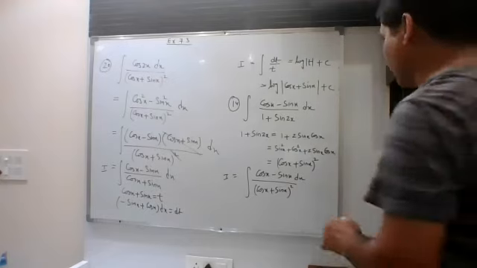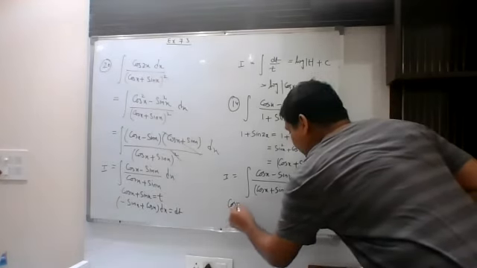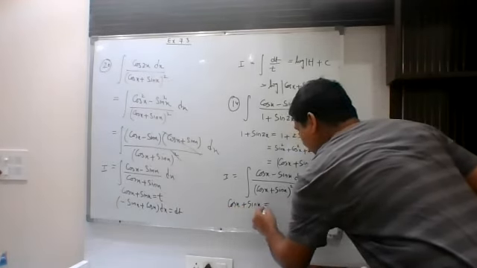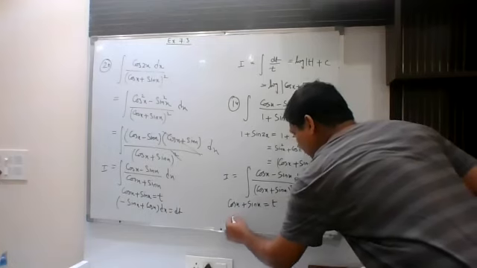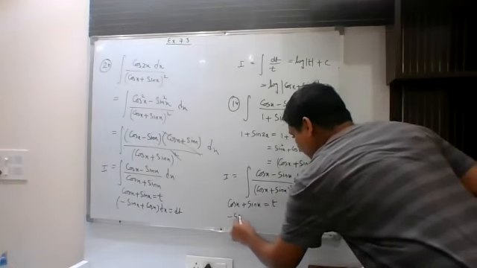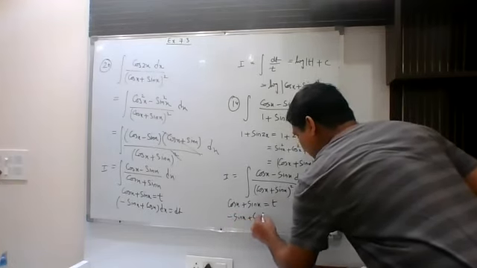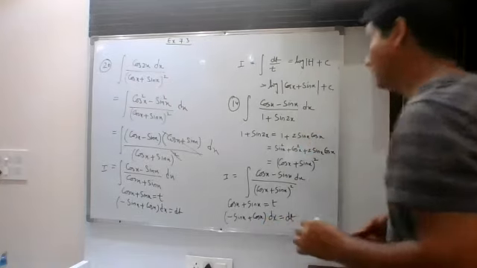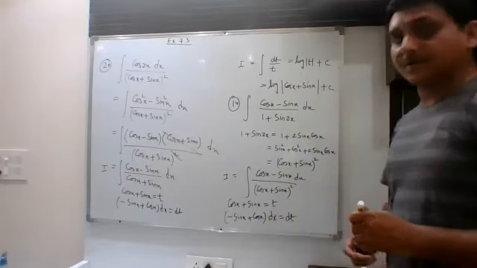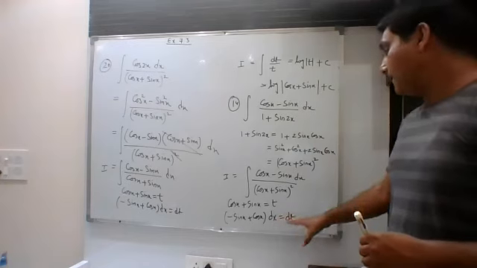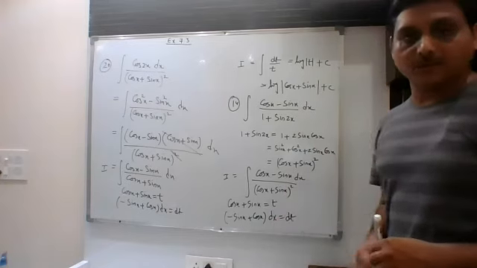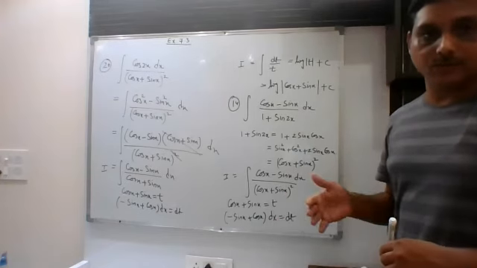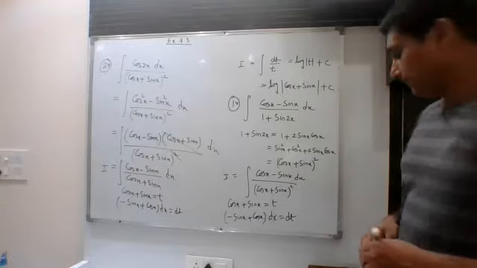So (minus sin x plus cos x) dx is equal to dt. Substituting the value in this expression, it will become dt upon t square.